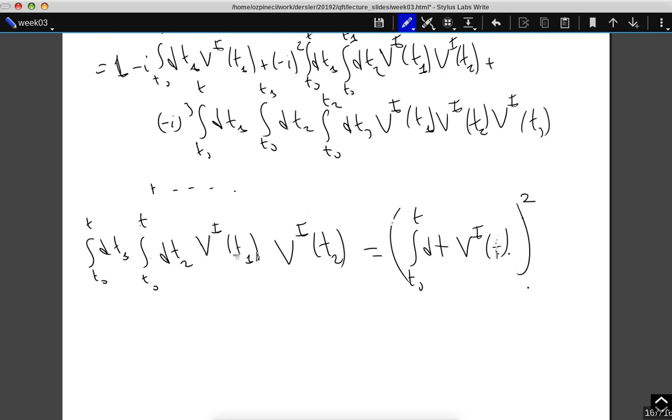If I want it to go up to t, I need to add the integral from t0 to t dt1, from t1 to t dt2. This is the term I have to add to obtain this one.